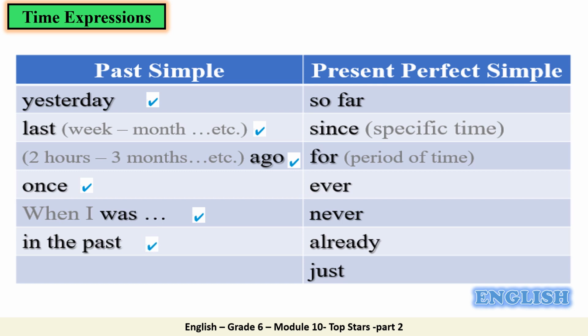In the present perfect simple, we have time expressions such as so far, since, for, ever, never for the negative form, and already and just. If you notice, the time expressions in the present perfect simple refer that the time is connected to the present. Very good.